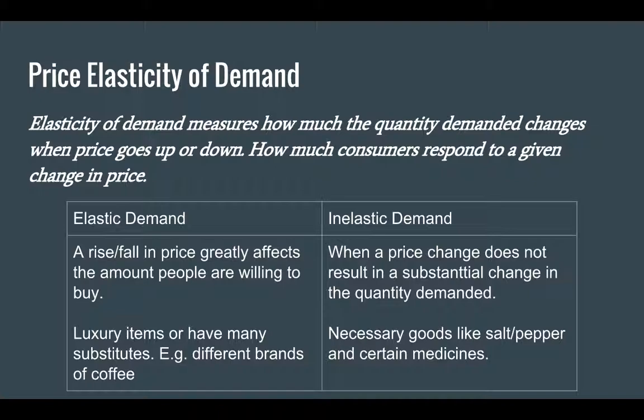People need somewhere to live, so they're willing to pay whatever it takes as long as they have a good roof over their head. So think of inelastic demand as necessary goods that no matter what the price, people will pay. And elastic demand is something where if the price goes up, people tend to not want to buy it.